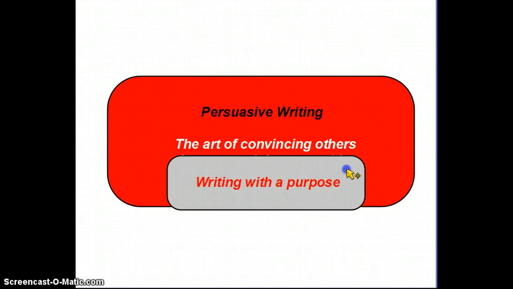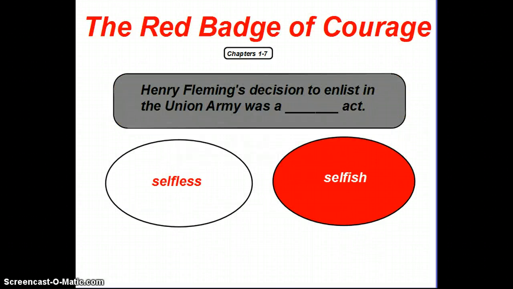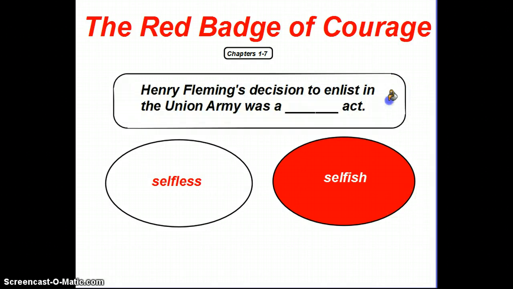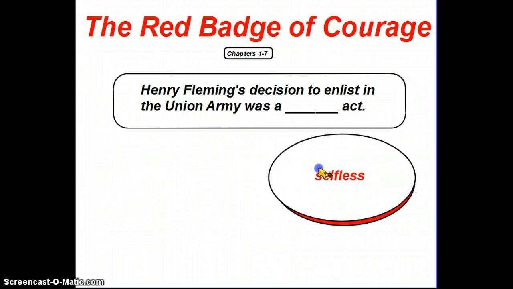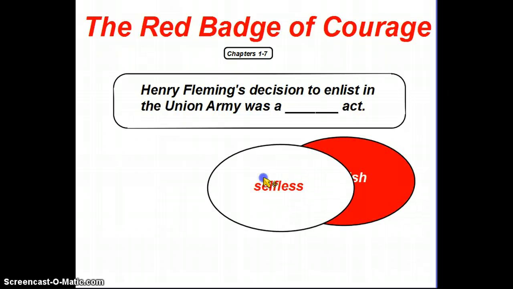The purpose of it is to convince others of the position that you have. If we look at these two positions, there is no gray area. It's completely a black and white decision.